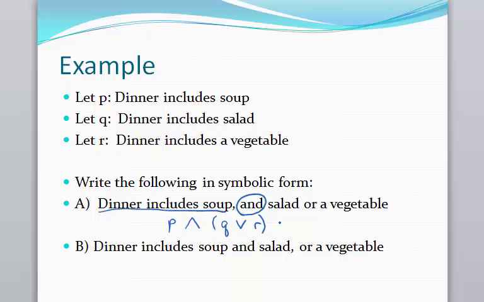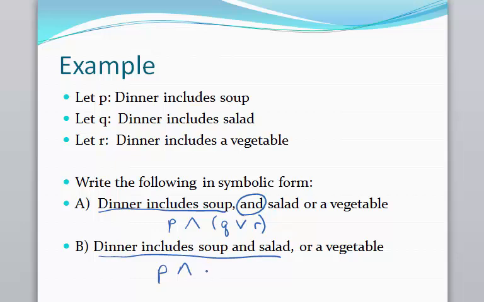Part B says dinner includes soup and salad or a vegetable. All right, so let's begin with this first part where it says dinner includes soup and salad. So that's one option. So we are going to say soup is P. We're going to put the symbol for and in the middle, which is like the caret symbol.